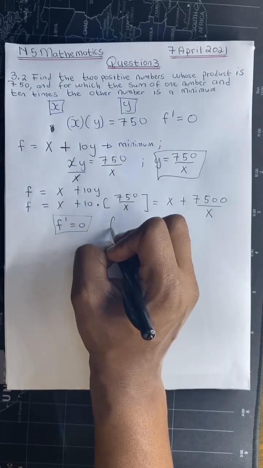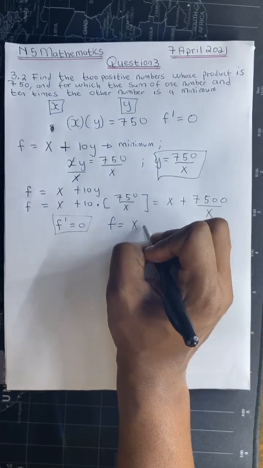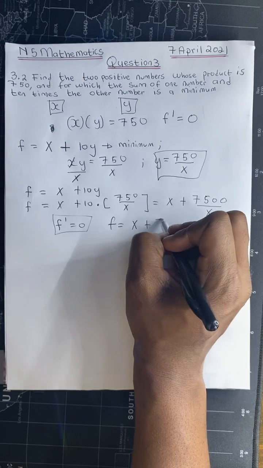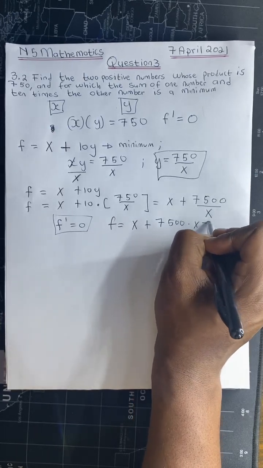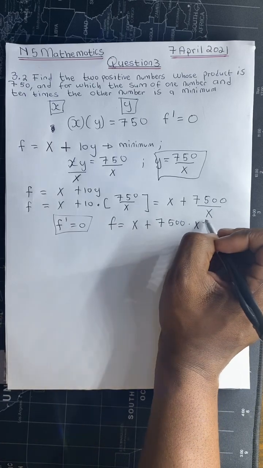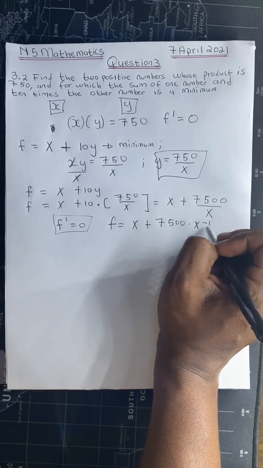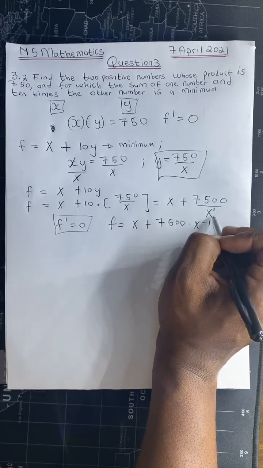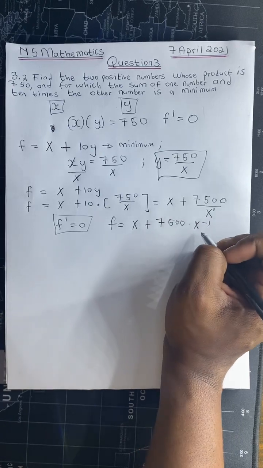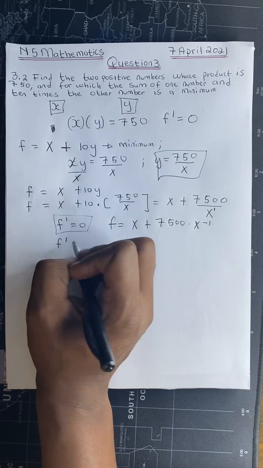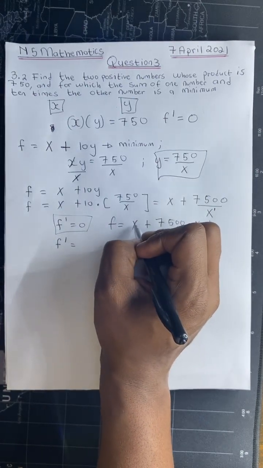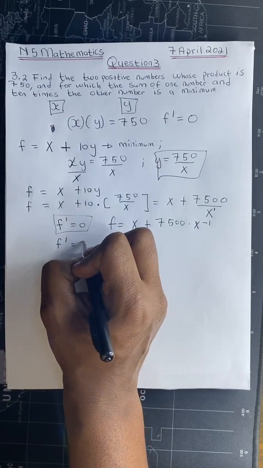But before we can differentiate, let's write that as 7,500 multiplied by x to the power -1. So we take the x from the denominator to the numerator, so the exponent will change sign from +1 to -1. So we differentiate f. The derivative of x is equal to 1.